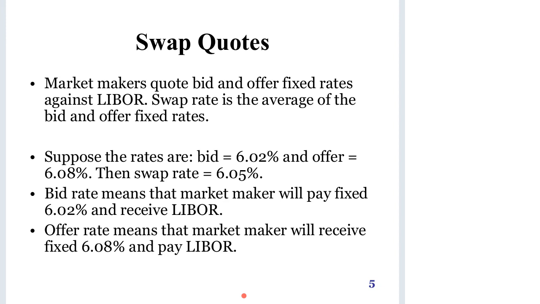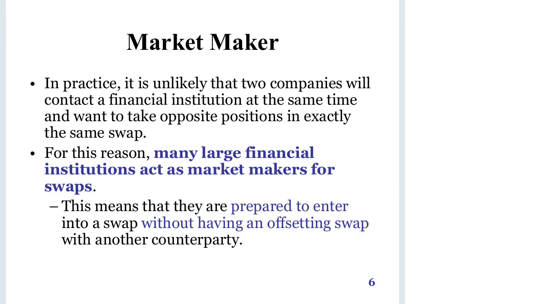So the swap rate is taken to be the average of the two, but in a sense, the bid rate is the fixed rate that the market maker is ready to pay in return for the floating rate, and the offer rate is what the market maker is ready to receive against payment of the floating rate.